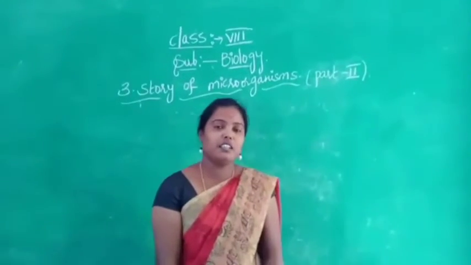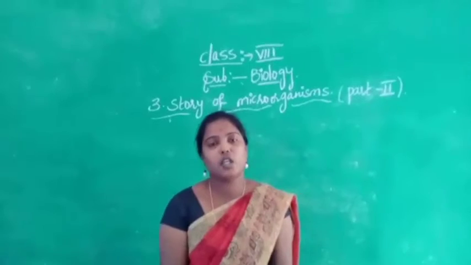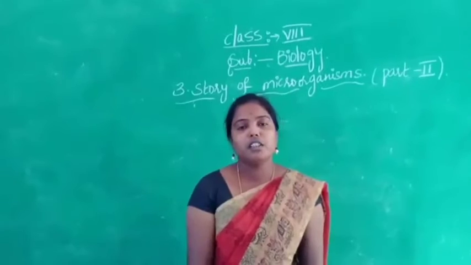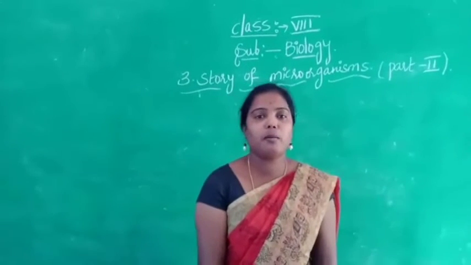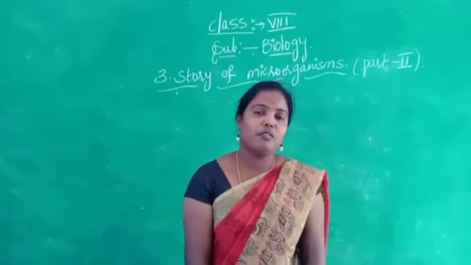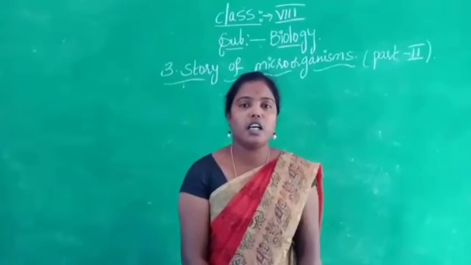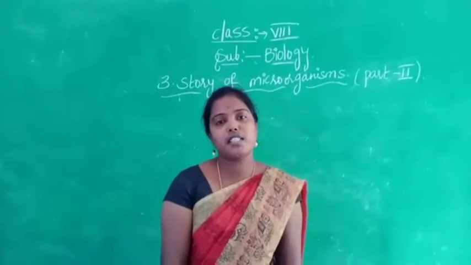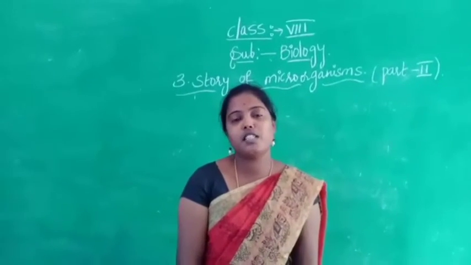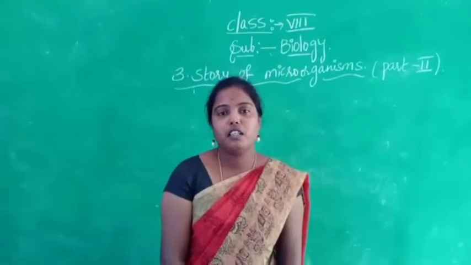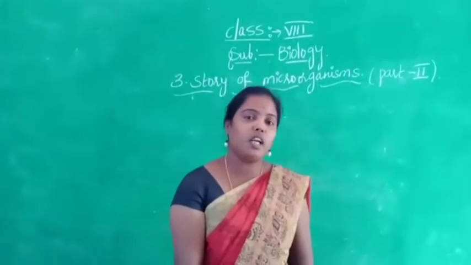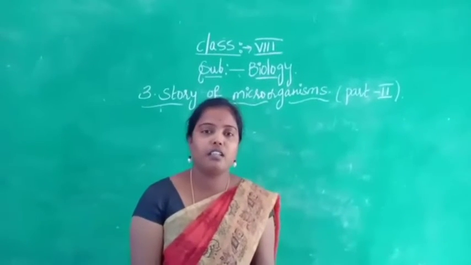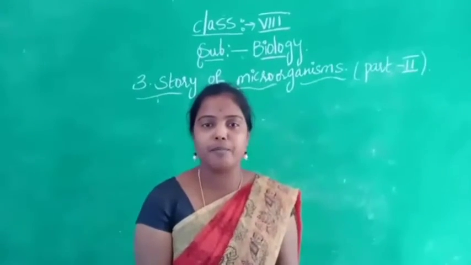Very good morning children. We are going to discuss the third chapter, microorganisms part 2, from 8th class biology. Children, in the previous class we discussed table 1, about different types of diseases caused in human beings, which microorganism is responsible for causing the disease, how we can control the disease, and how the disease can be transmitted from one person to another through different factors like air, water, food, and from an infected person.